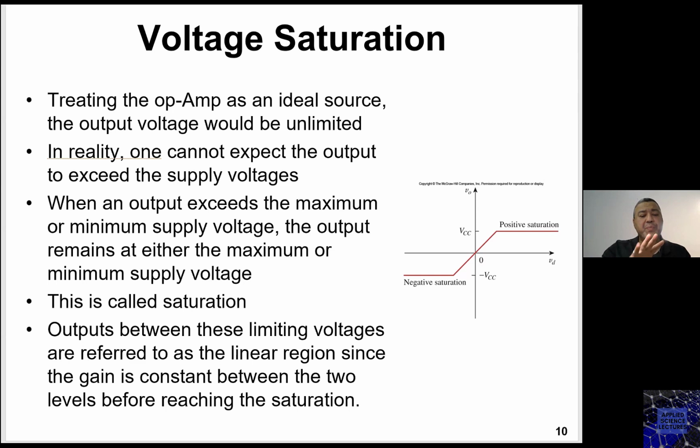It is reproducing that signal again with a higher magnitude using the DC power supply that you provided. From where? From the power supply, from the maximum and the minimum voltages that you are giving to it. So it uses those voltages as its source of operation.